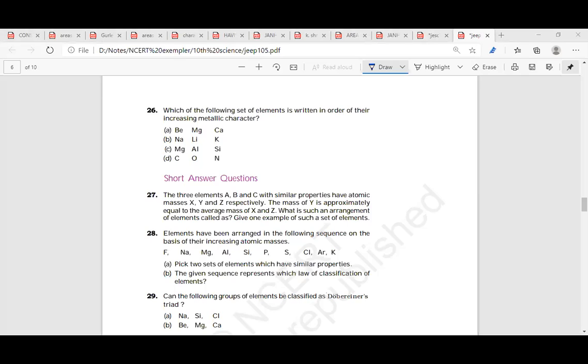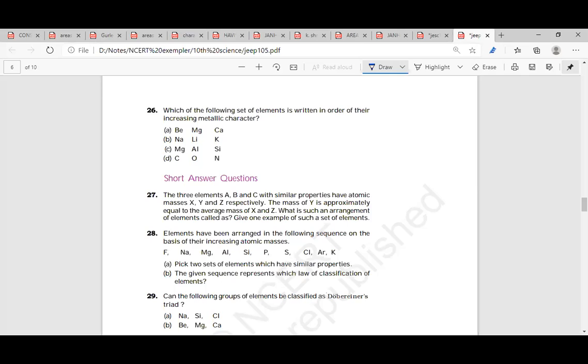Very good. The given sequence represents which law of classification of elements?